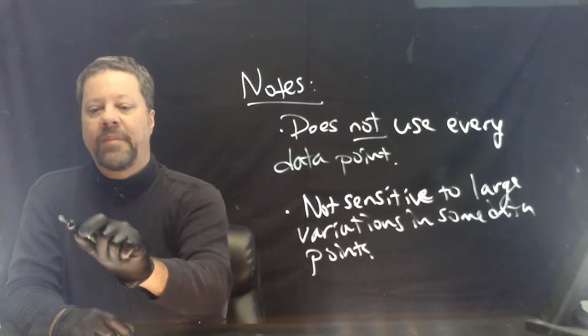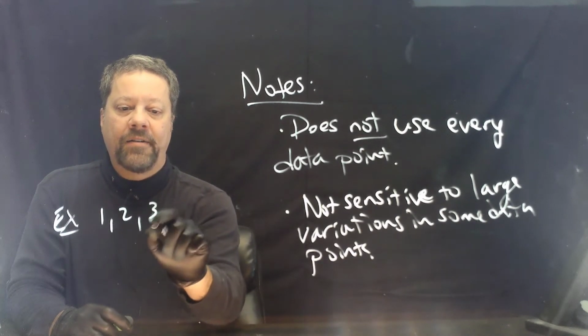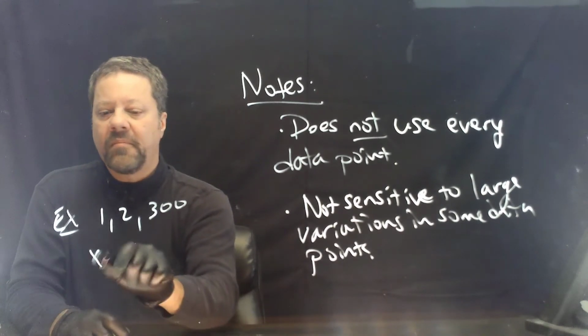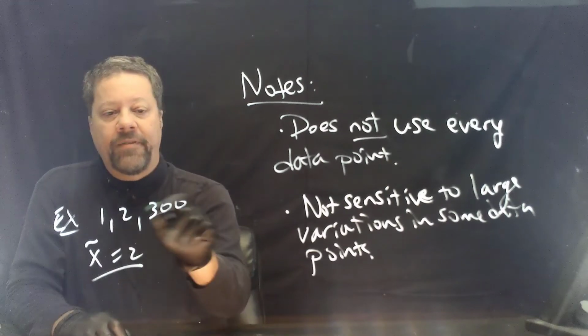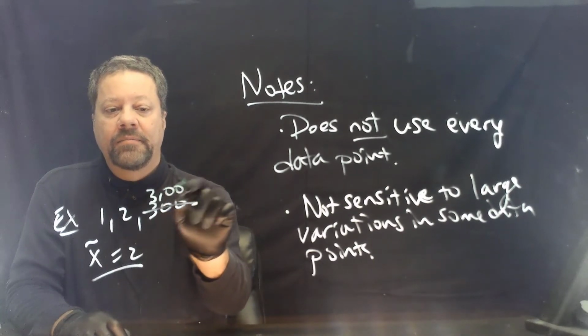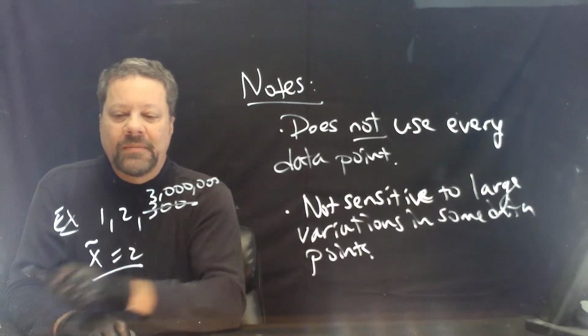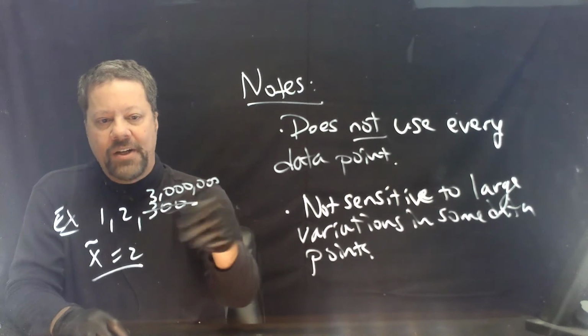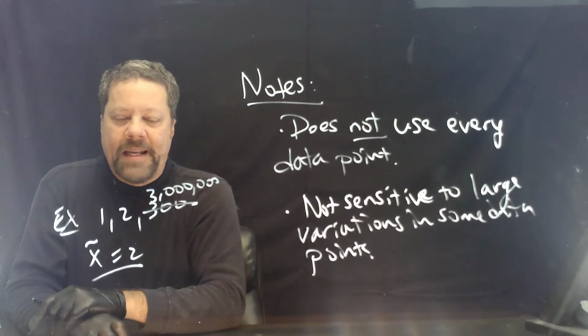So, for example, if my data values are 1, 2, and 300, the median is 2. Even if I change this to 3 million, it's still 2. And so large changes in these data points outside of that middle won't affect the median at all.